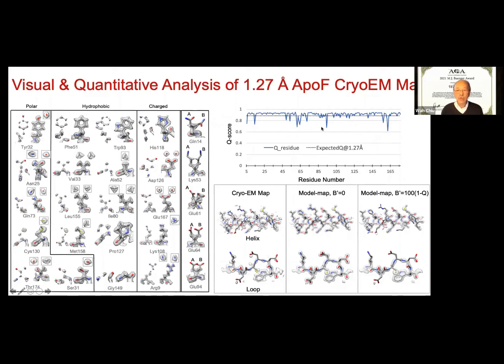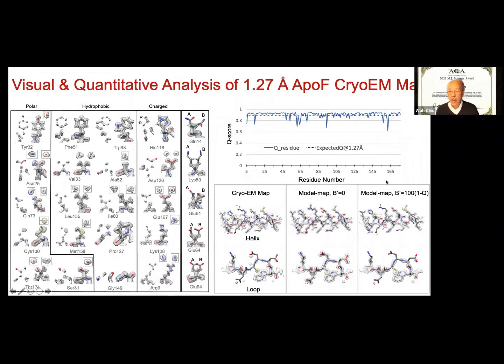Compared to the crystal map, the Q score should be around the dotted line. So I think most of our density is above the dotted line. Of course, there are other regions that are higher mobility.